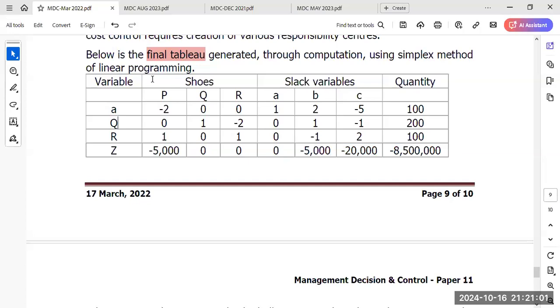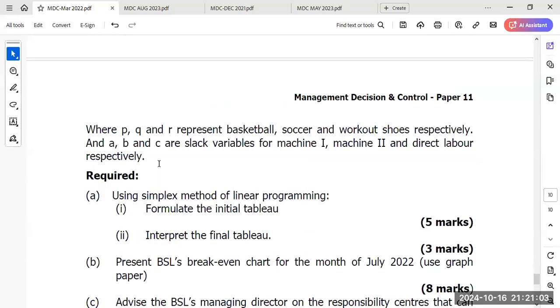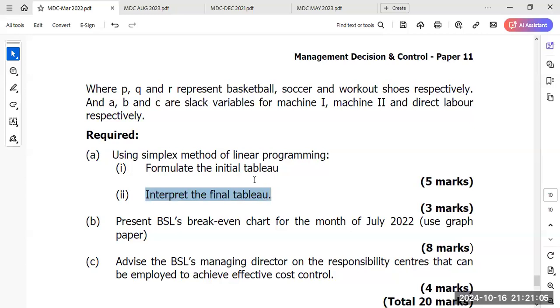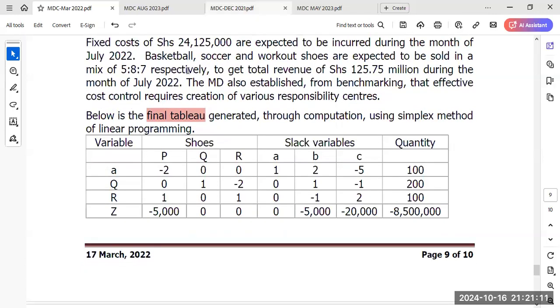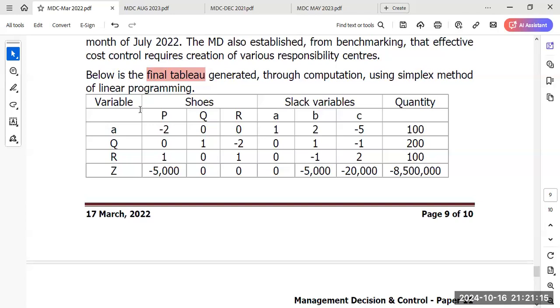This is our final tablet. You need how many marks? 3 marks. Sometimes they can be 5 or 6, depending on the question. So how are you going to interpret? We start by analyzing what we have here.